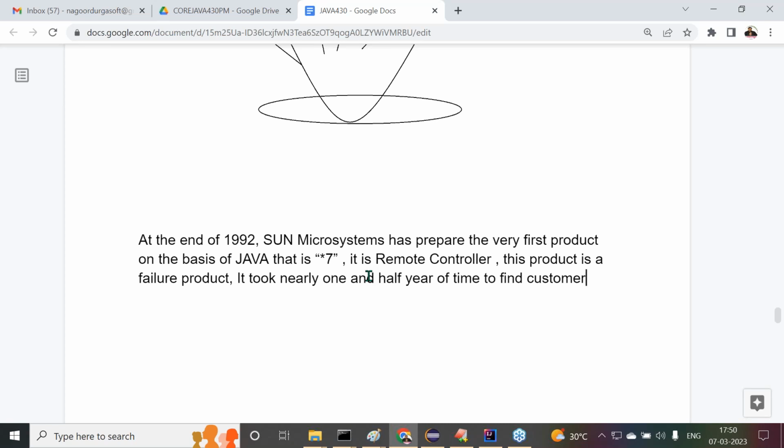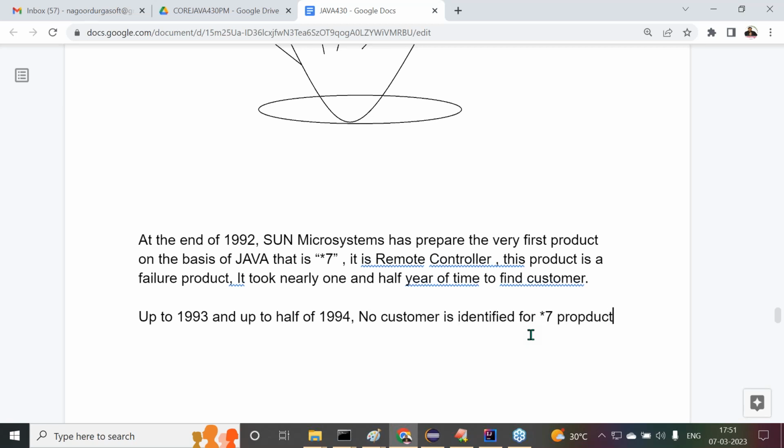That means up to 1993 and up to half of 1994, no customer was identified for the Star 7 product.